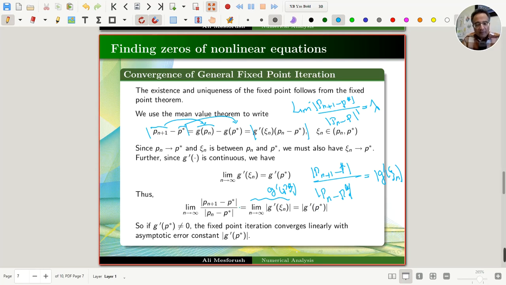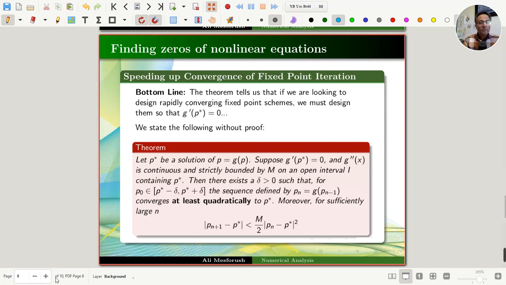Now if we consider alpha equal to 1 and lambda equal to the absolute value of g prime of p star, in fact we get the definition of the rate of convergence, and since alpha is equal to 1, we can say that the rate of convergence of the fixed point method is only 1, and in fact it's linear convergence.